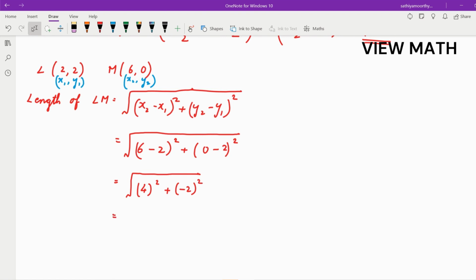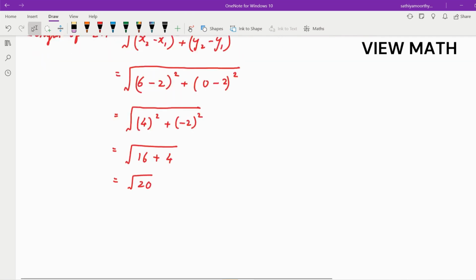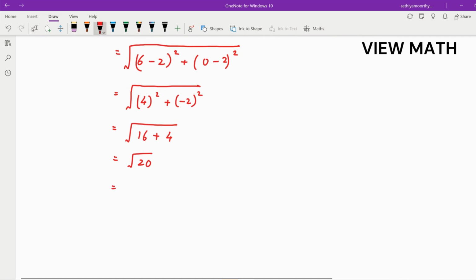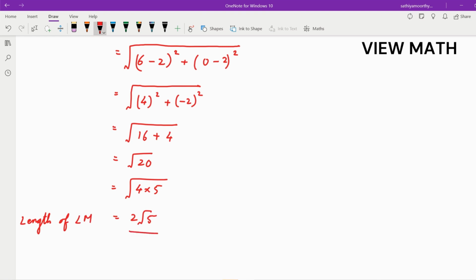So this is equal to square root of 4 the whole square is 16 plus minus 2 the whole square is 4. So this is equal to square root of 20. So this I can write as 4 into 5. So square root of 4 is 2. So this is equal to 2 root 5. So length of LM is 2 root 5.